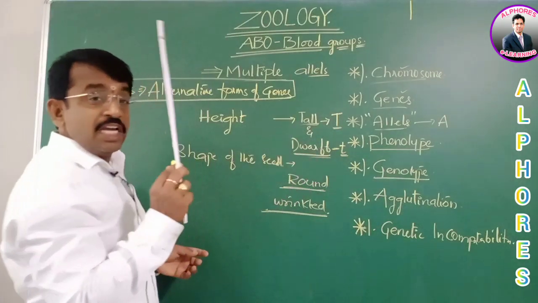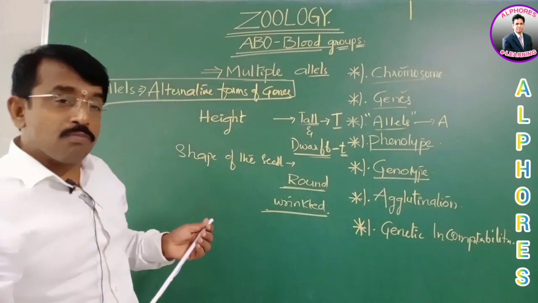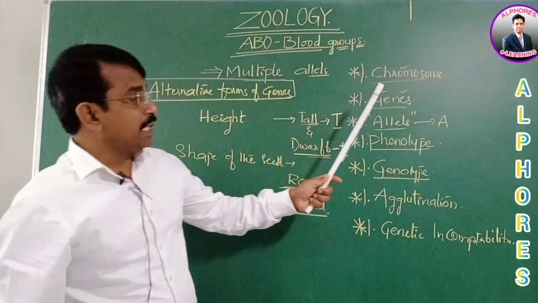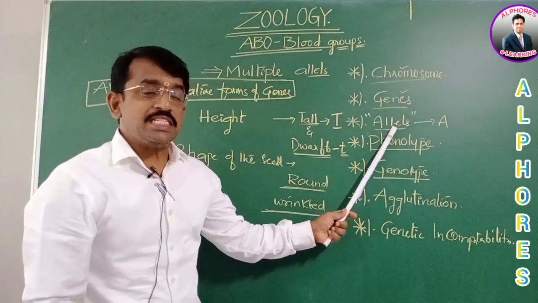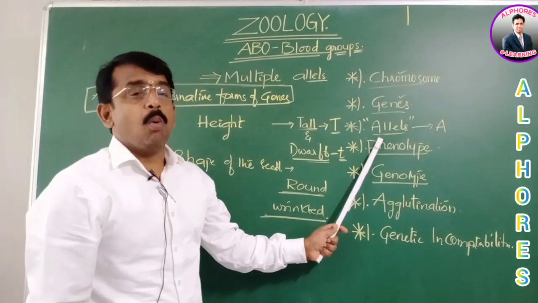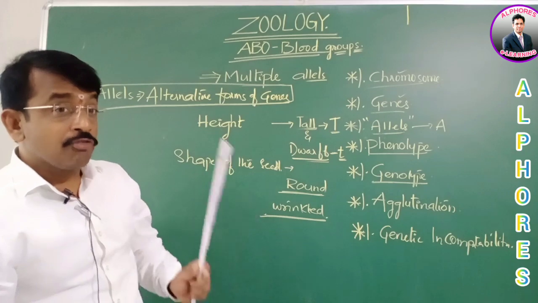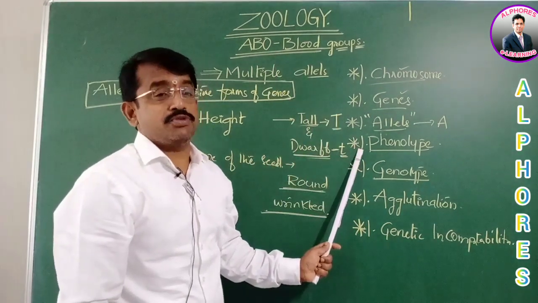Each gene is with alternative forms. Two forms are present, and such forms are named the alleles. One is a dominant factor and another is the recessive factor. So every gene mostly has two alternative forms.